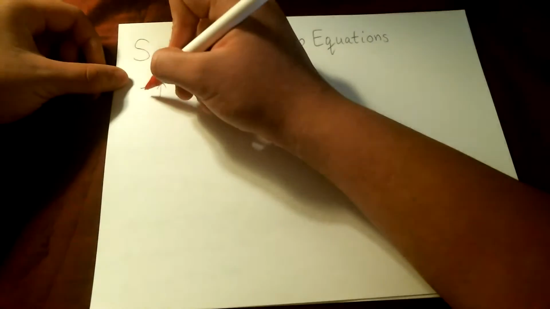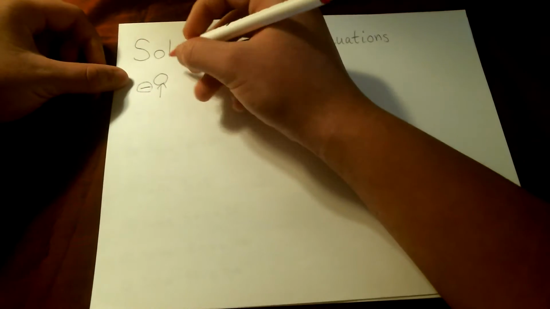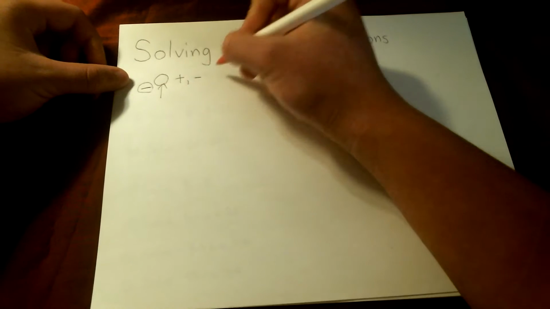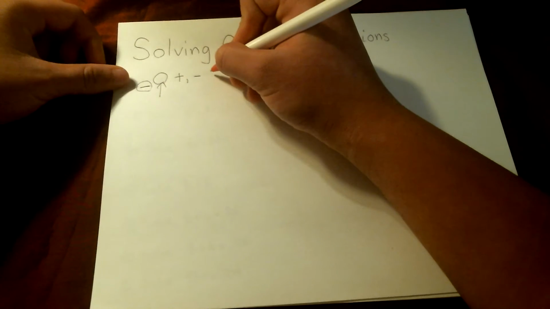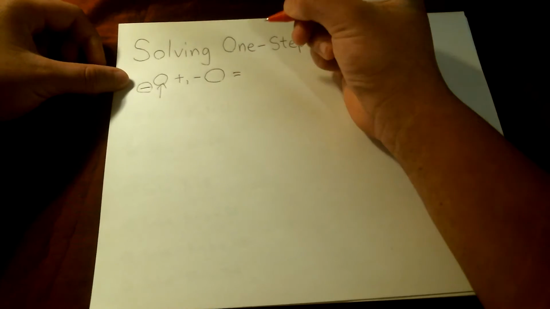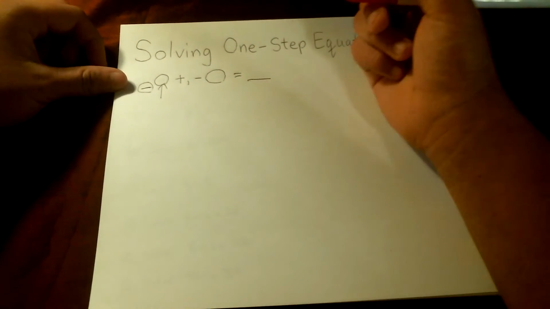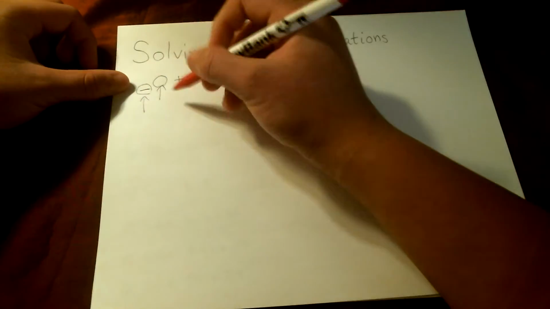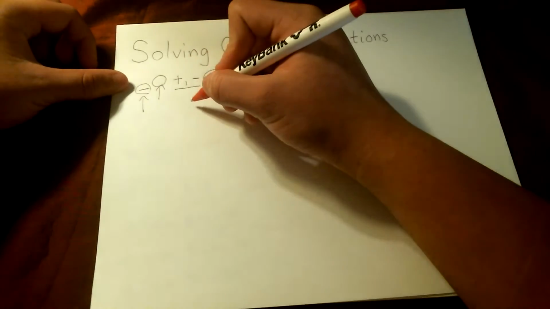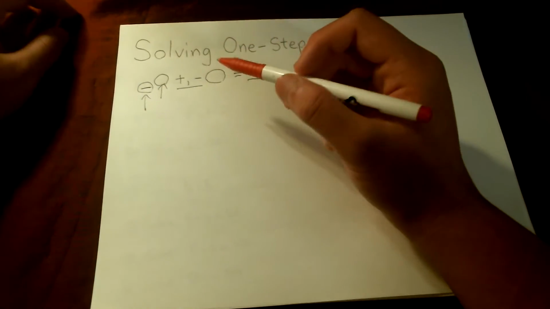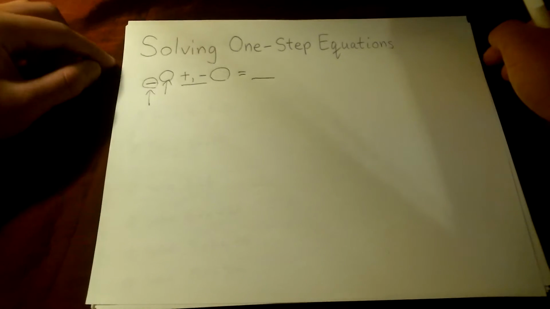And if it does not have a coefficient, then it can be plus or minus any number or value, and then that would equal another value. Note that if you have a coefficient, then you cannot have another order of operations here, or else it would take two steps to solve.